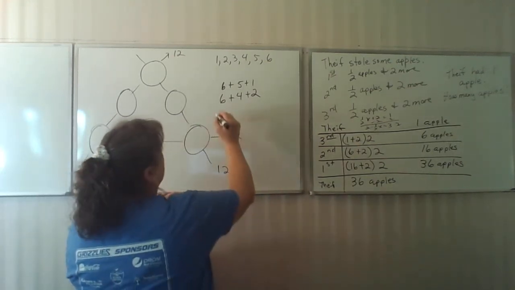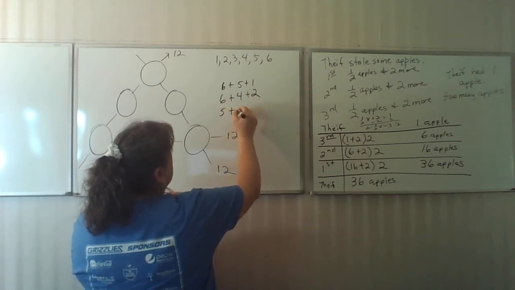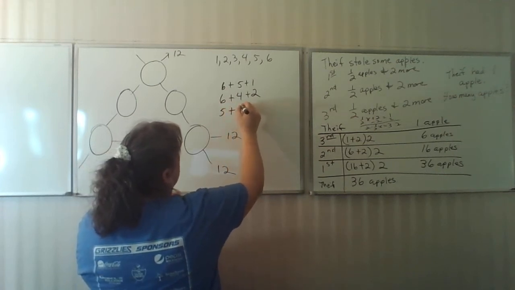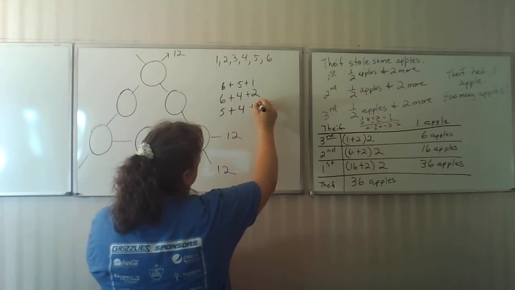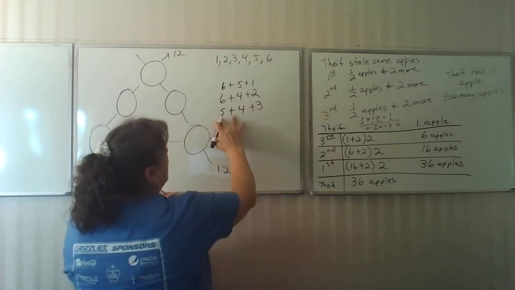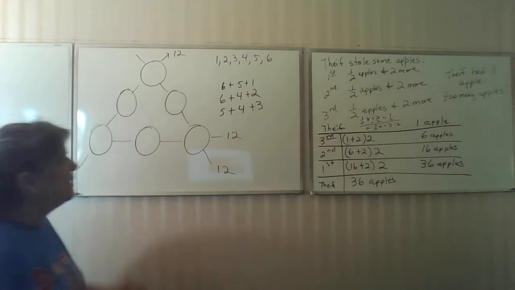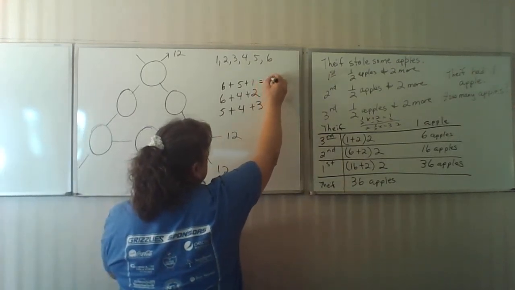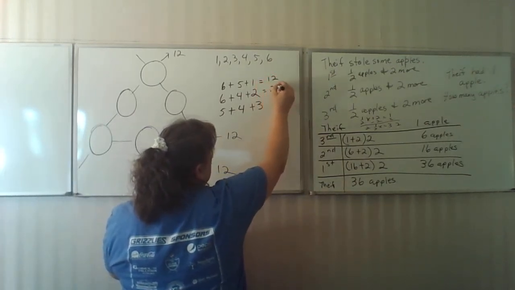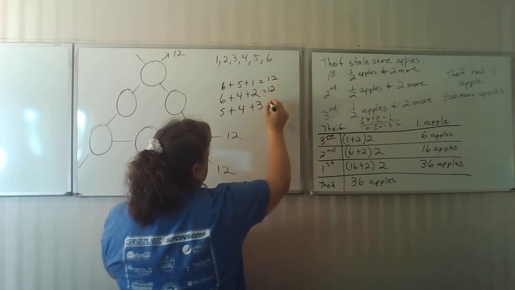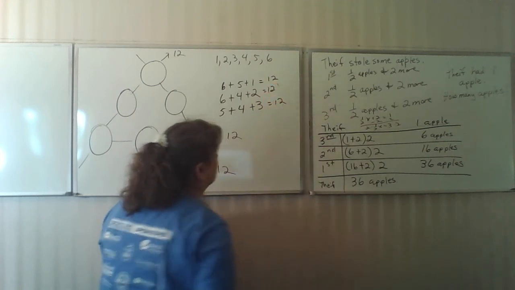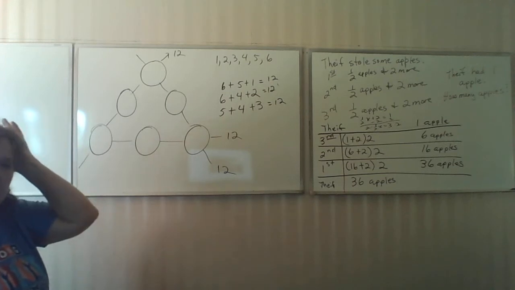How about 5 plus 4 plus 3? 9 plus 3 is 12. So there's 3 different ways to make 12. You see that? That equals 12. That equals 12. And this one equals 12. 3 different ways to make 12.